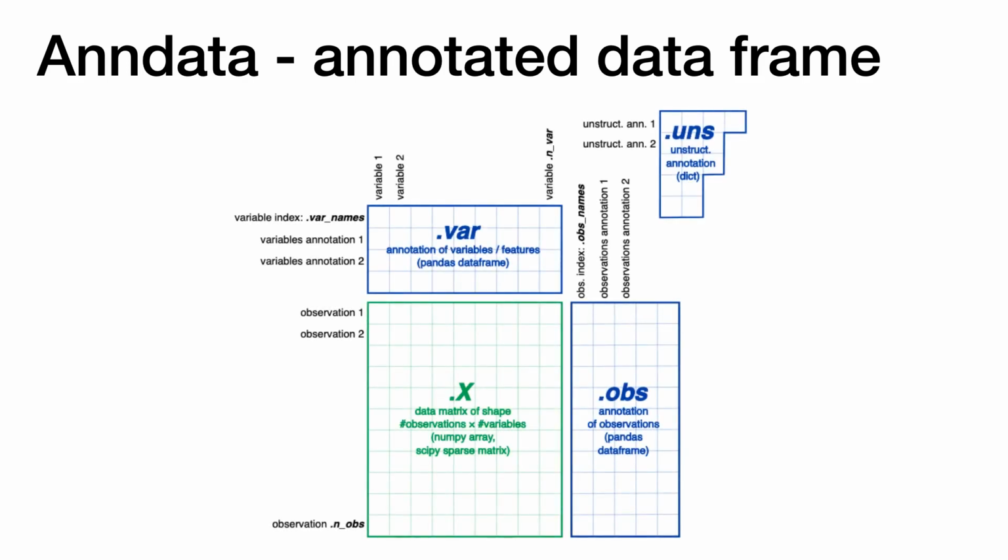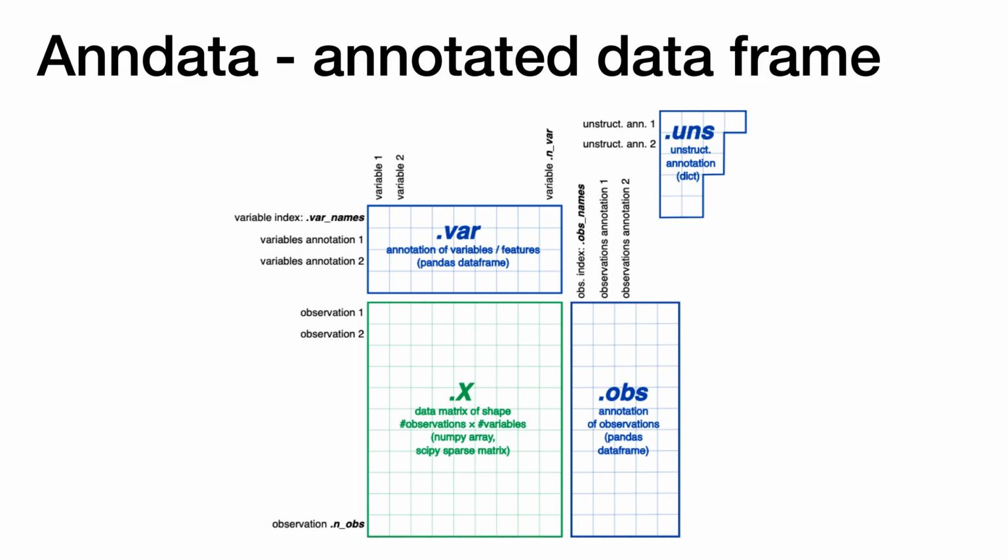Let's dive into Scanpy. Scanpy works with the so-called AnnData package. It's a so-called annotated data frame. It has the following structure. First of all, we have a data matrix that's called X and has dimensions cells by genes. Alongside the data matrix come annotations.